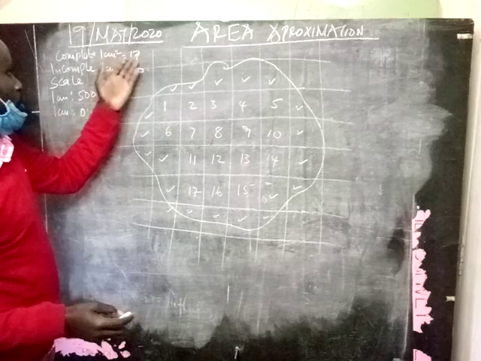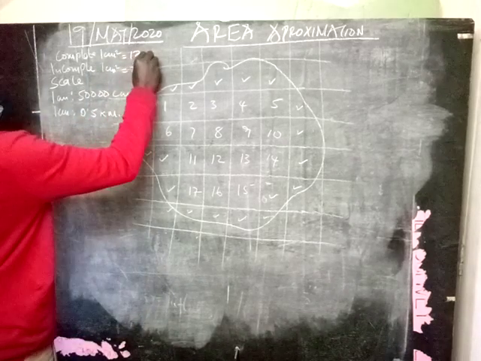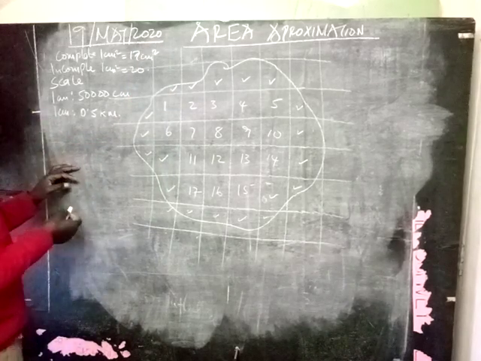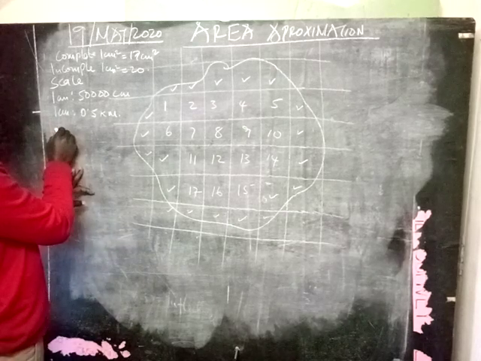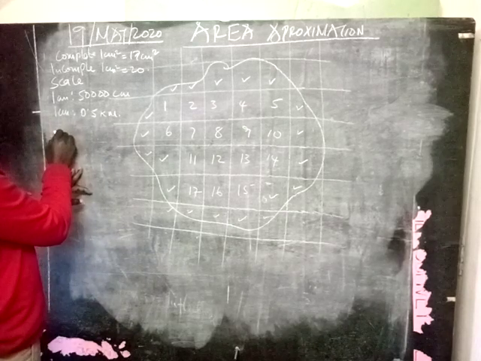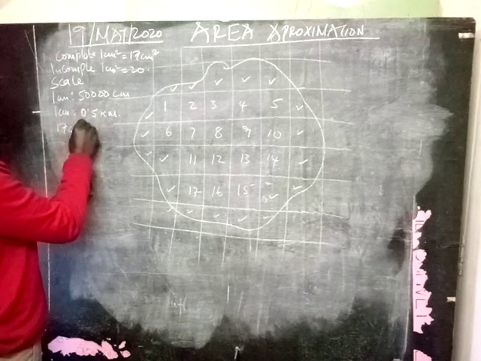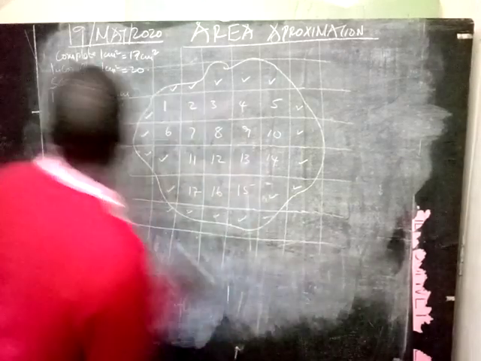So we are going to find the area of this, and this one is 17 centimeter square. So we are going to have 17 centimeter square, and we are going to do it this way.